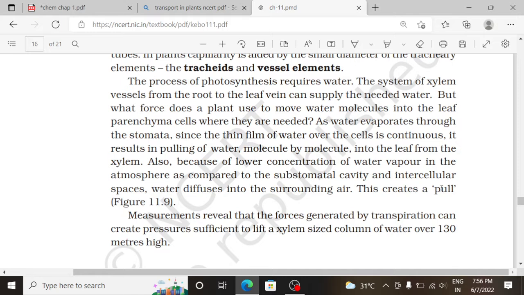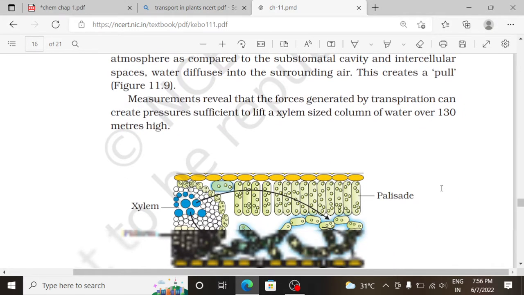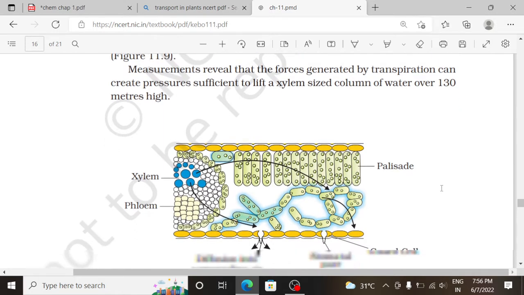Also, because of the lower concentration of water vapor in the atmosphere as compared to the substomatal cavity and intercellular spaces, water diffuses into the surrounding air. This creates a pull. Measurements reveal that the forces generated by transpiration can create pressure sufficient to lift a xylem-sized column of water over 130 meters high.